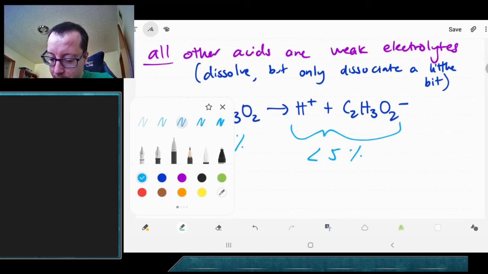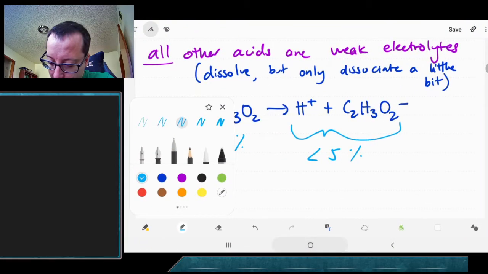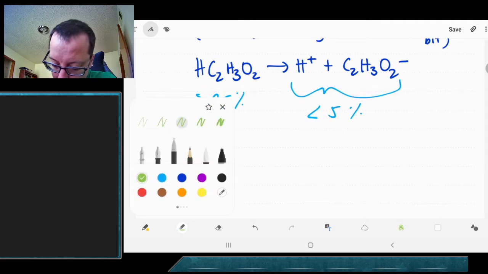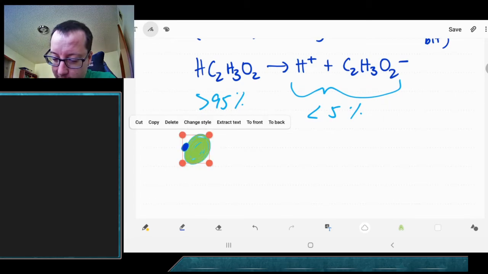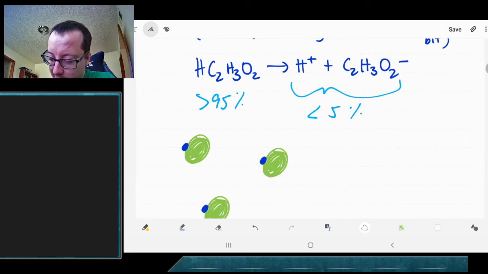So if you want to think about it, if you were to try to take a snapshot of the solution here, let's see what's the best way to do this. Okay, I know what we'll do. We're going to just do a bunch of these. They look like little olives.